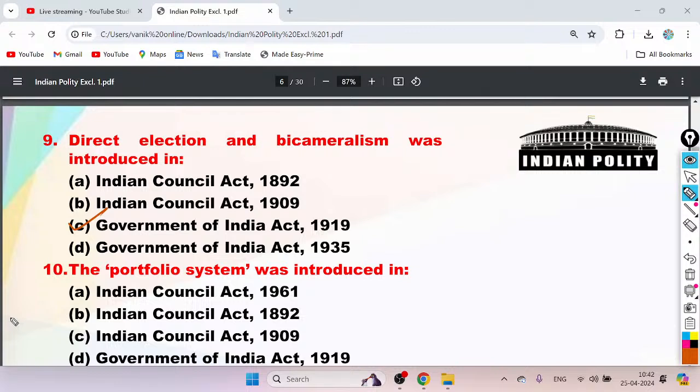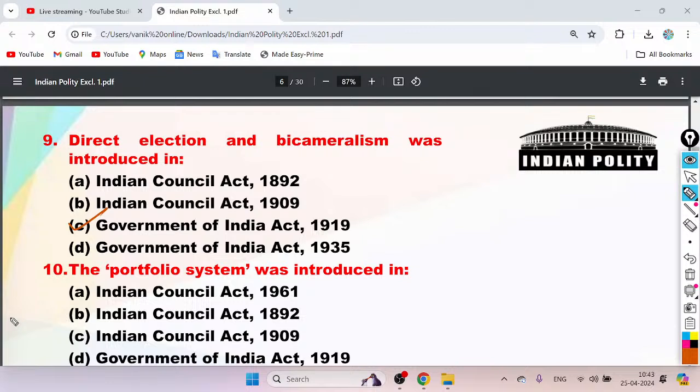It is considered the first milestone in constitutional reforms in India, the first constitutional arrangement for India. This act heralded substantial changes in Indian administration and governance. It is otherwise known as the Montagu-Chelmsford Reform Act.